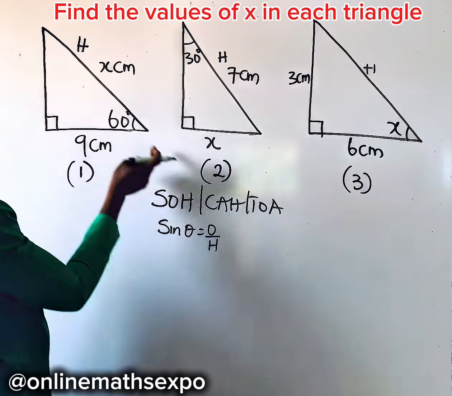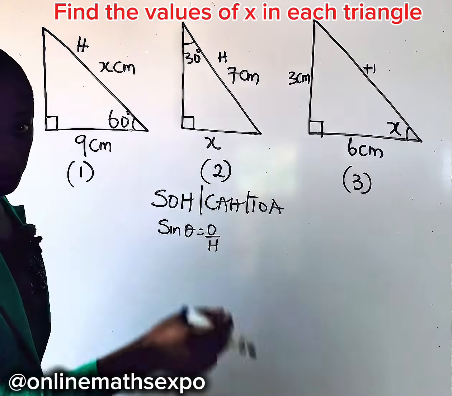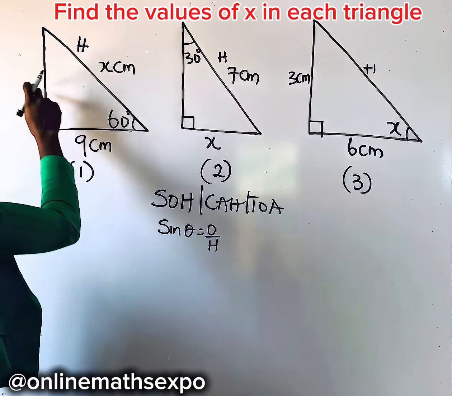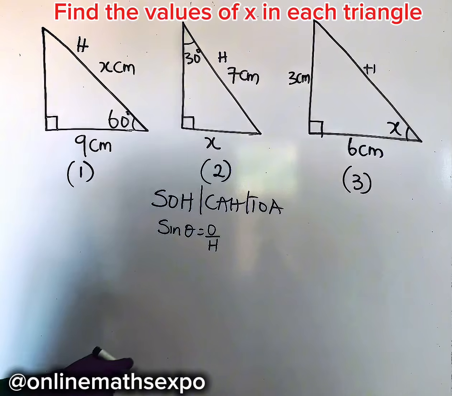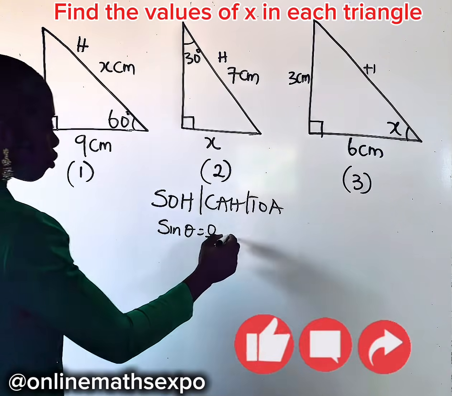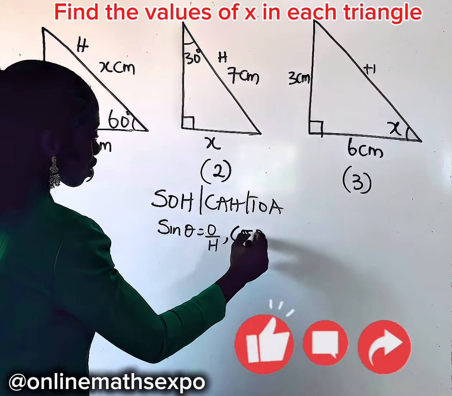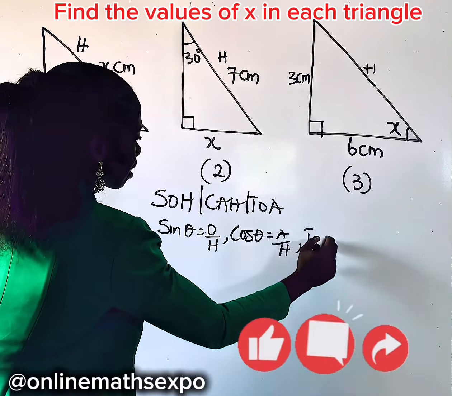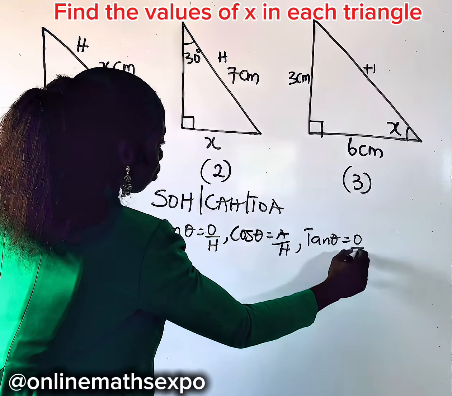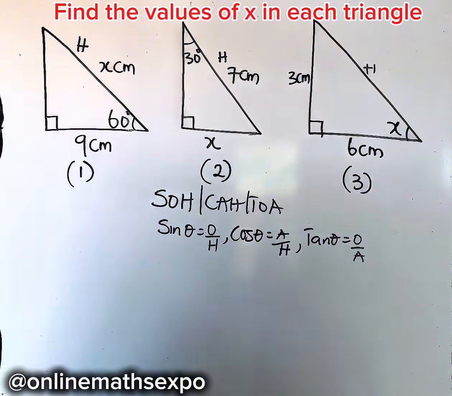The opposite side changes alongside wherever your angle is placed. So if your angle is here, this is your opposite. If your angle is here, this is your opposite. I hope it's clear. Now, for cos, we have it that cos theta is adjacent over hypotenuse, and tan theta is opposite over adjacent. This was what we discussed.